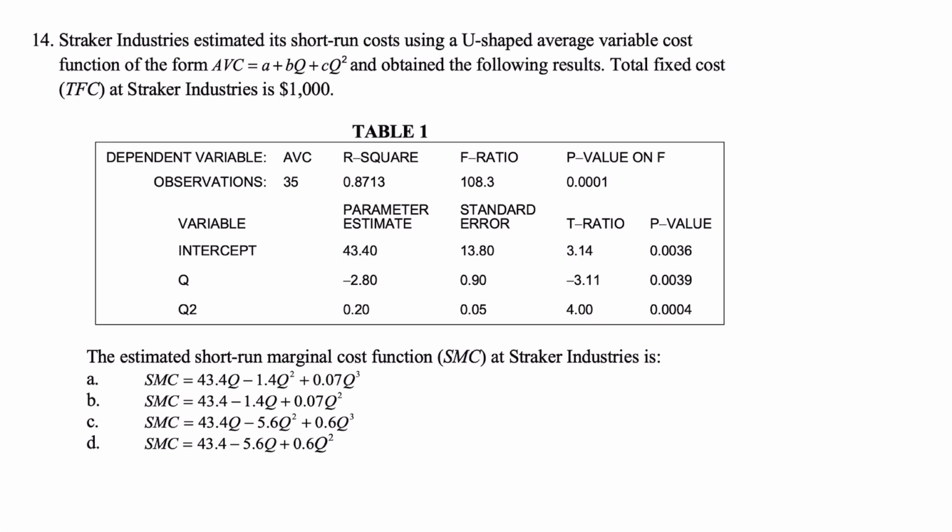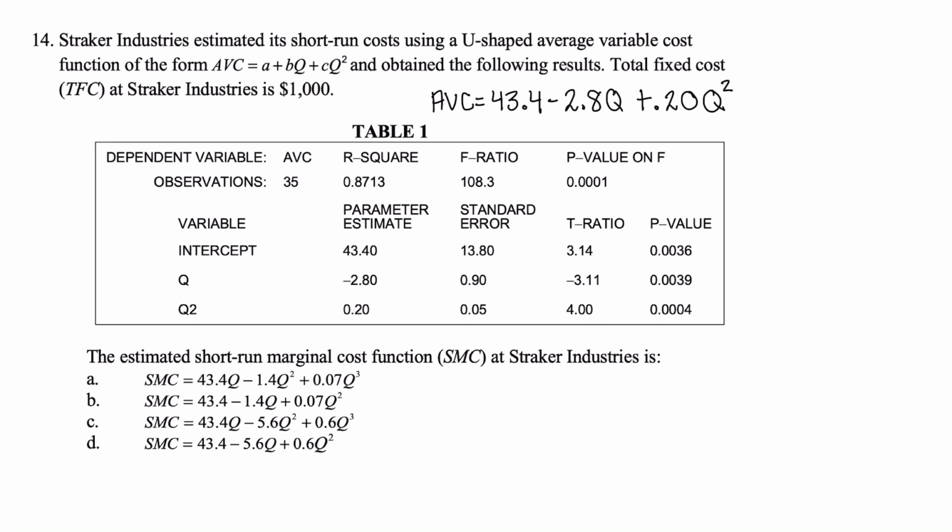Next one, it gives us a regression output. And we are going to use this regression output. So first, we are going to find that our average variable cost is equal to 43.4 minus 2.8 Q plus 0.20 Q squared.